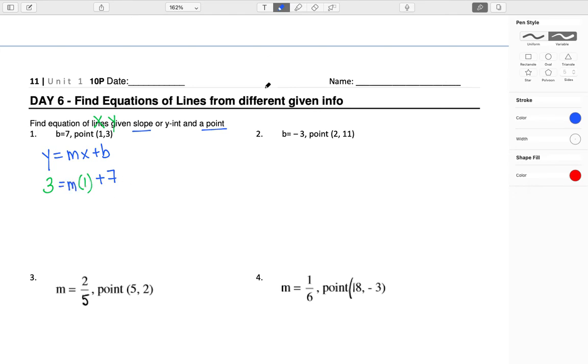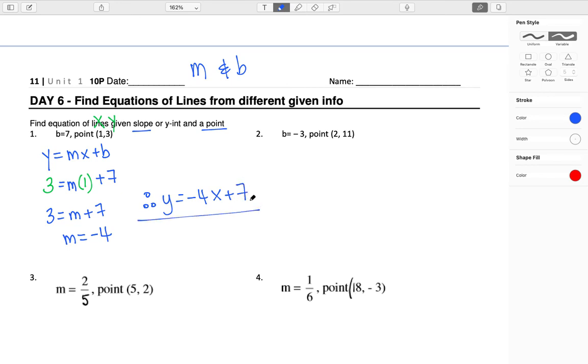Ultimately, your goal is to find m and the y-intercept. So let's isolate for it. 3 is equal to m plus 7. I bring 7 to the other side. m is equal to negative 4. Therefore, y is equal to negative 4x plus 7. And that is the equation of a line.